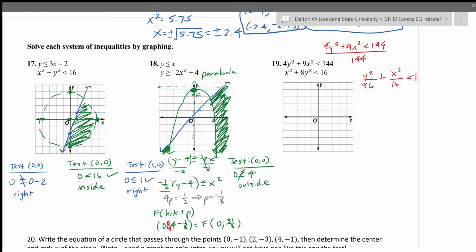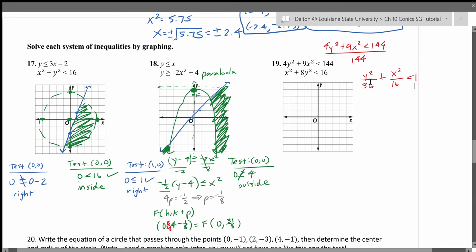If I'm going to graph this ellipse, my y squared term is first, which means my ellipse is going to be stretched in the y direction. It is over 36, which means the radius, in some case, I guess is a good way to say it, is going to be 6. So the center is at 0 because I don't have any h and k movement. So I've got 6 up and 6 down since that's the y direction, which of course is off the graph.